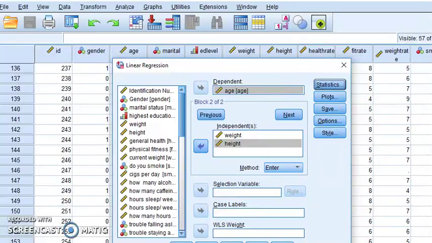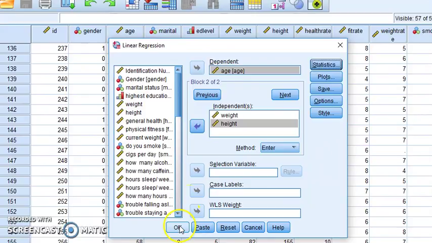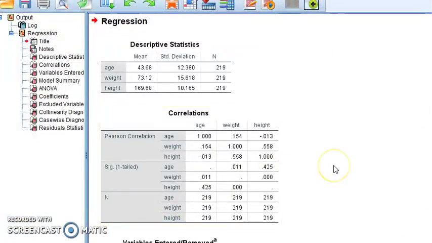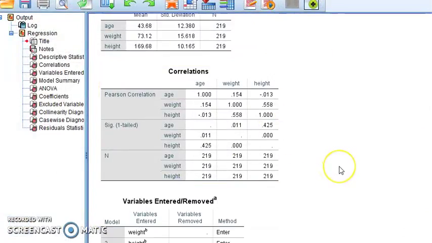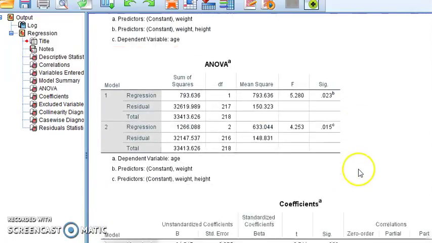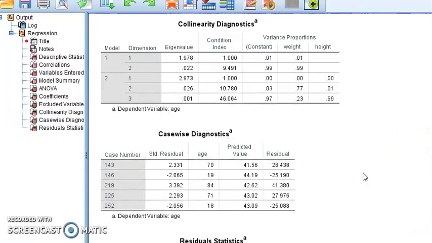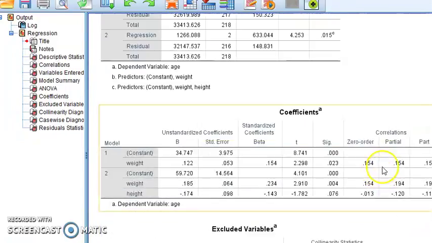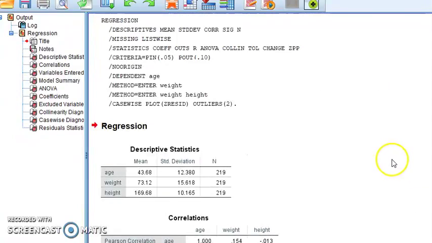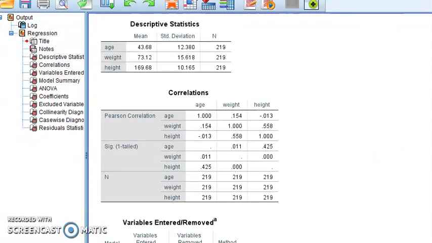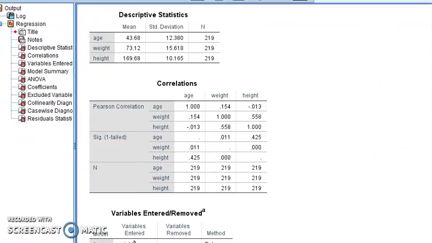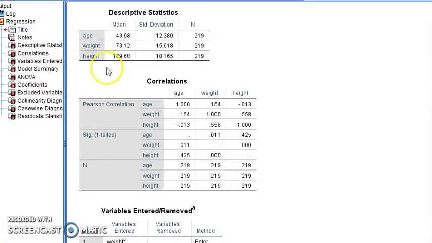Then we're going to click OK, and SPSS is going to produce this output. Now if you scroll down, there appears to be a lot of output, so let's look at it a little piece at a time. It tells us right in the beginning our descriptive statistics, which gives us the average for the age, weight, and height of our data set and our standard deviation.